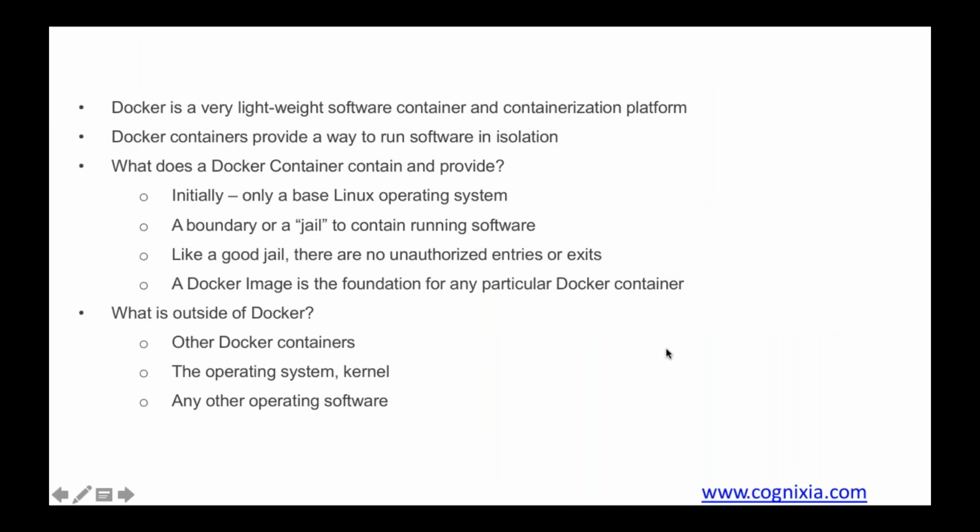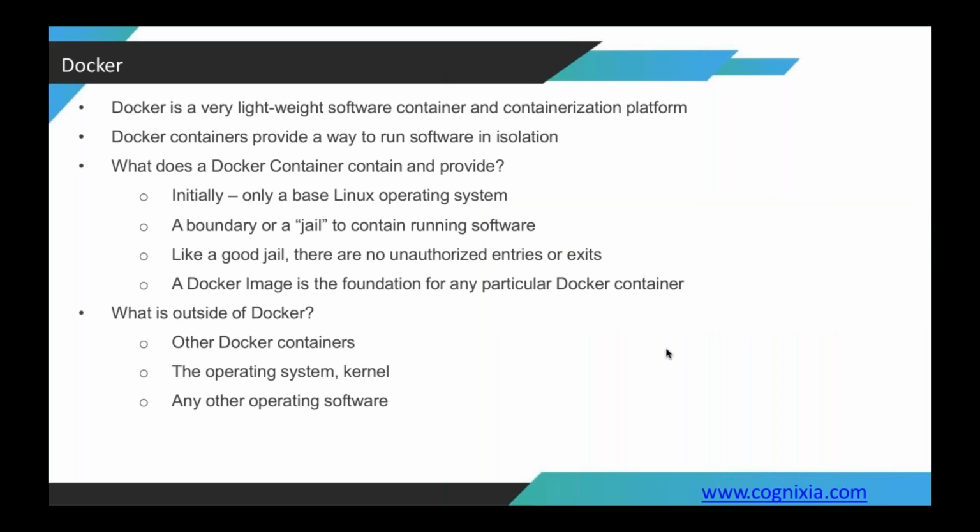Now, Docker containers are lightweight, that we already know, because they do not have all the operating system binaries. Very few operating system binaries are there. If we talk about CentOS, it's only about 150 MB of operating system binaries. Okay, the rest are all the application binaries required by the application to run. So it's very lightweight.